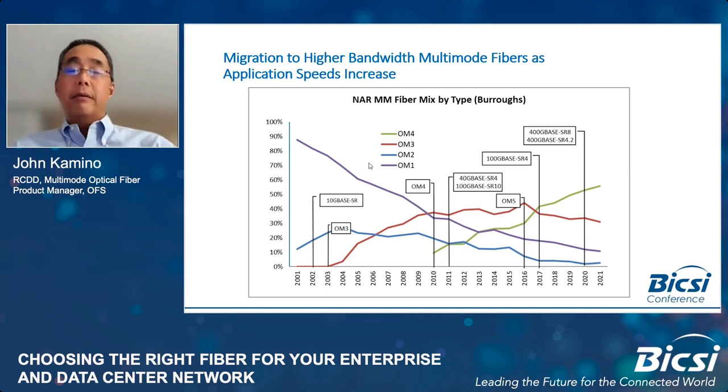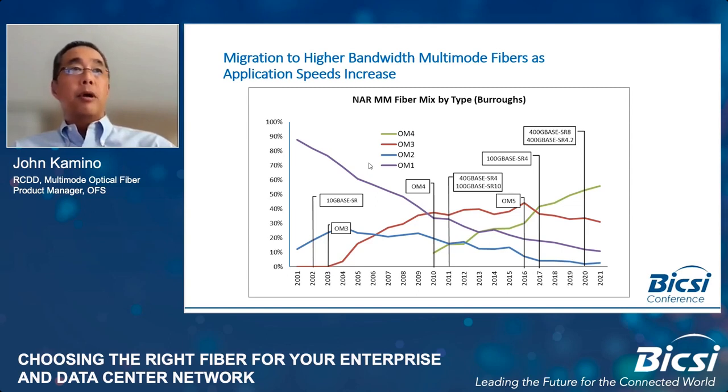What drove that migration to laser optimized fiber? Well, this chart has the same fiber mix data that was shown on the previous slide, overlaid with the adoption of some standards. And you see the 10 gigabit Ethernet standard being adopted in 2002, which was the first major laser-based multimode operation that really called for laser optimized fiber.